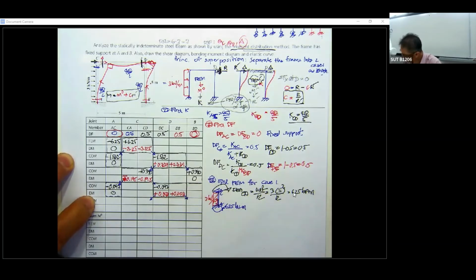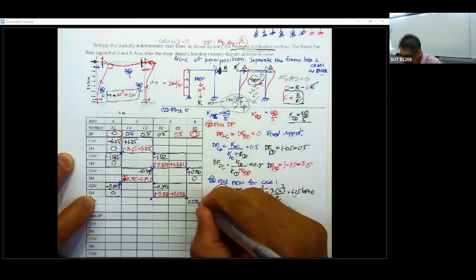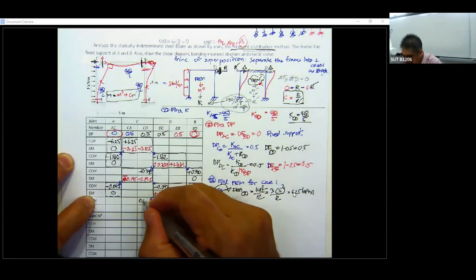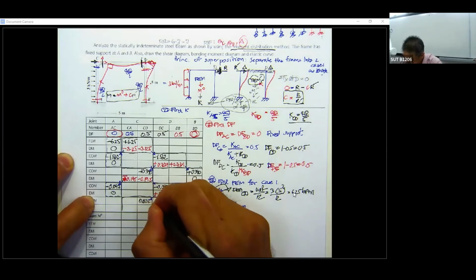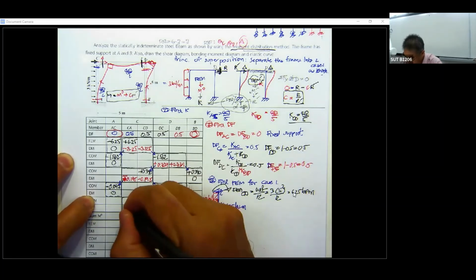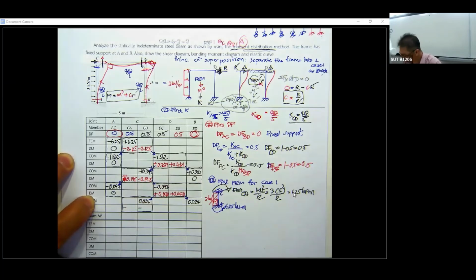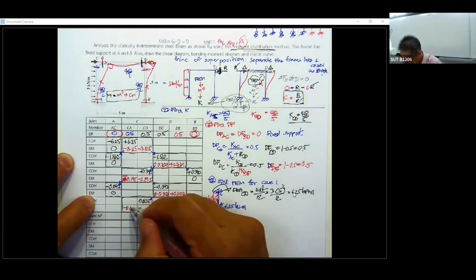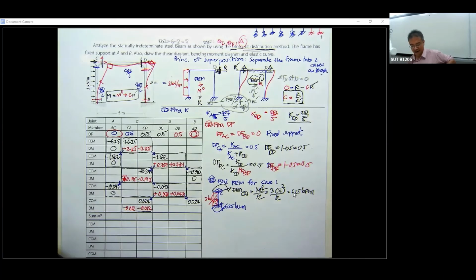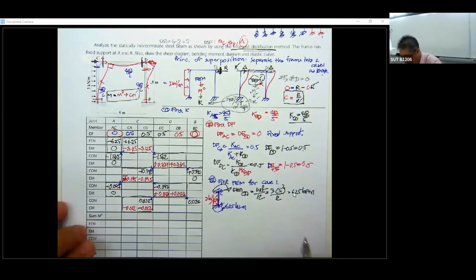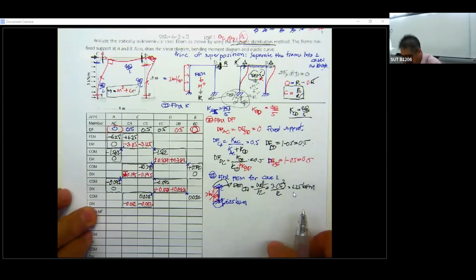Let's say this is going to be half of that, 0.024, and this one 0.024, and the last one I should stop over here. That is going to be negative 0.012, minus 0.012. Okay, and then you're going to get the answer for the first case over here.